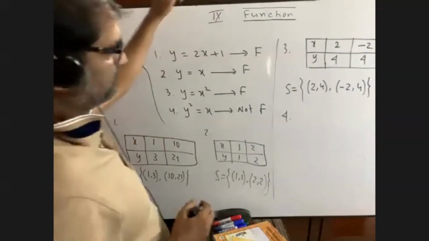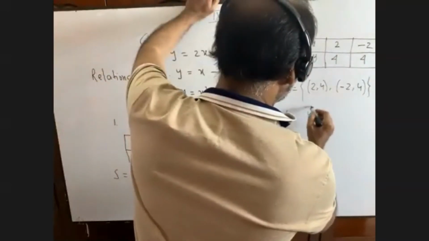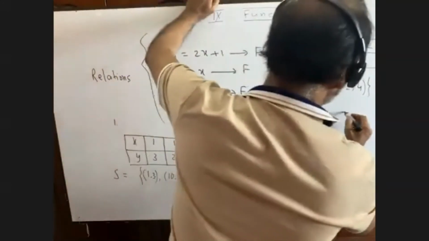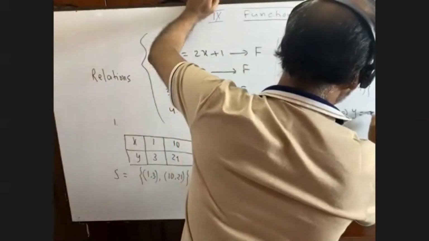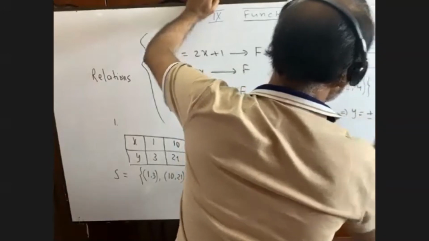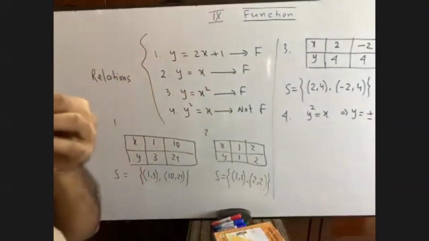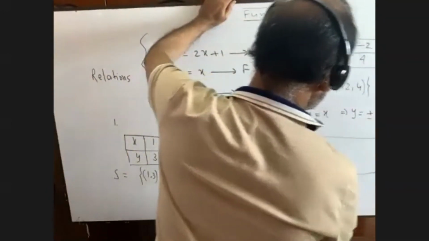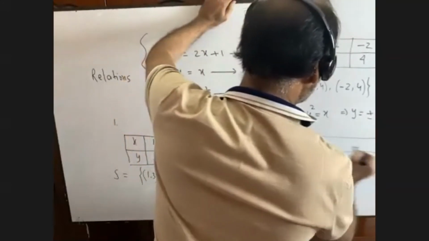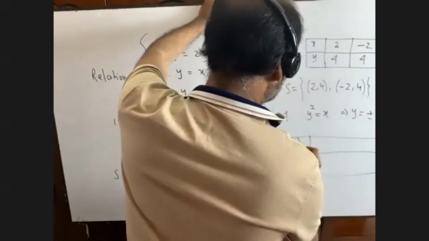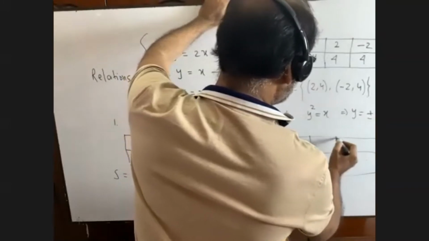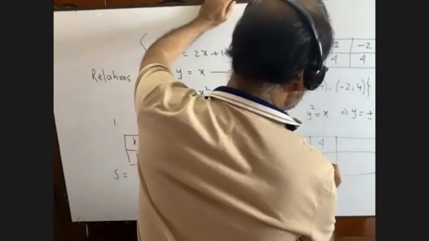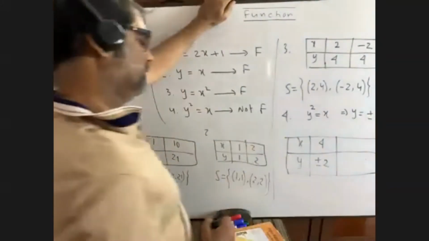Number 4. y square equals x. From here we get y equals plus minus root x. Take x equals 4. We are getting plus minus 2.